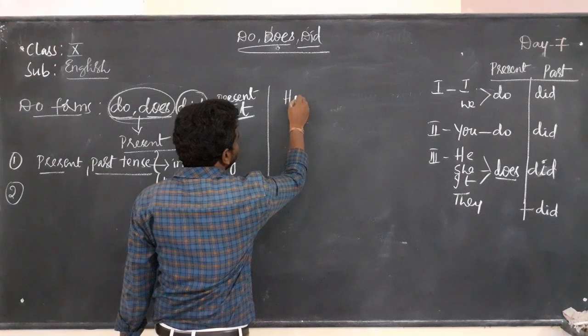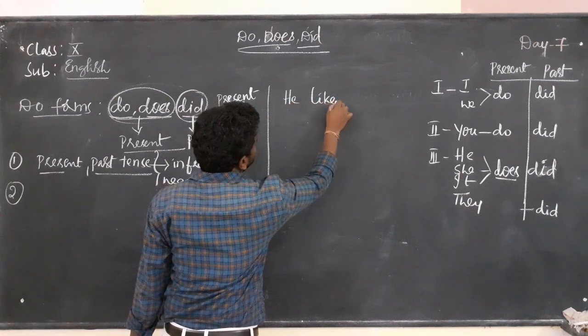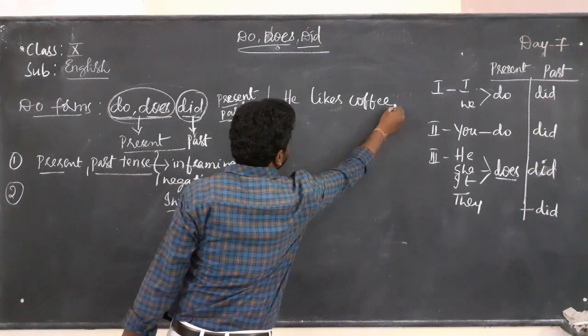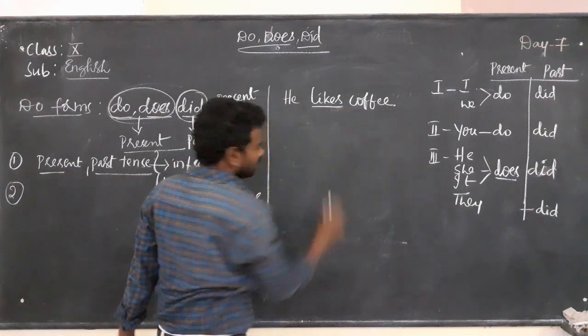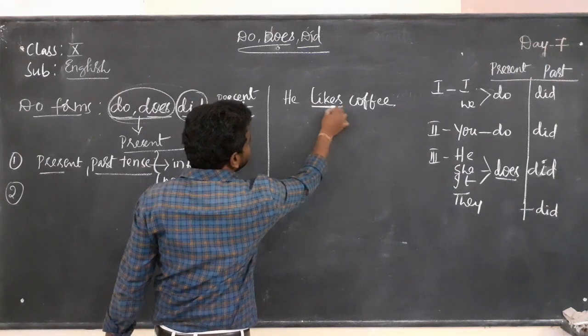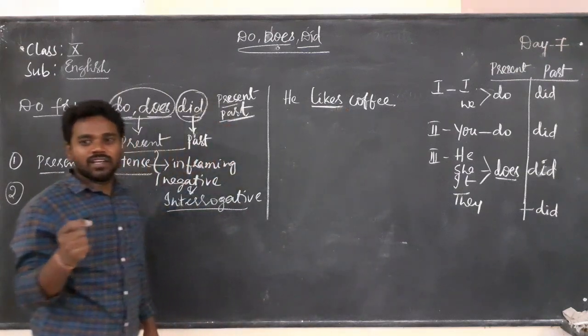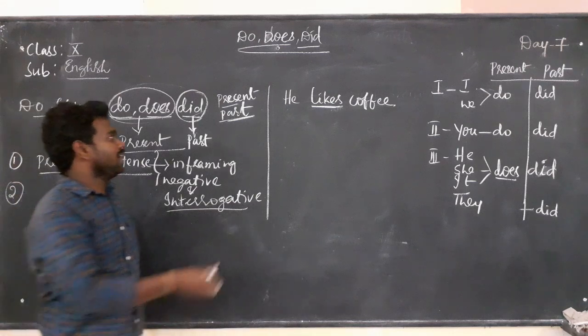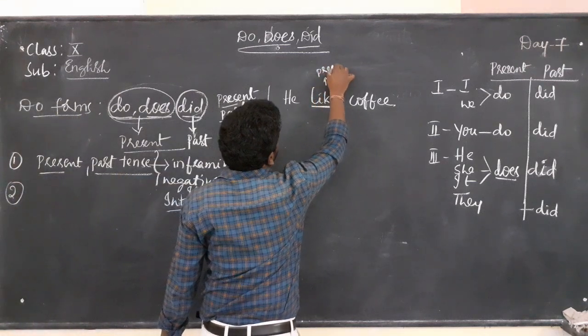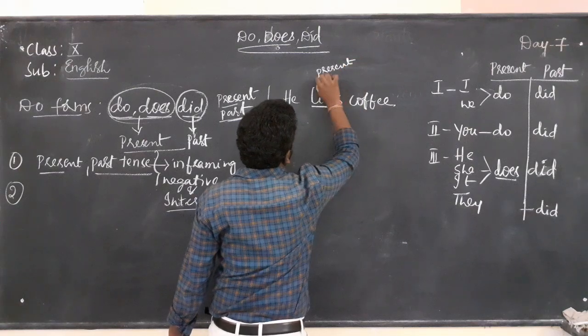For example, let me take one example. He likes coffee. Now here let me underline the verb, likes. Already we have seen the different types of verb forms. Likes here is a present form.